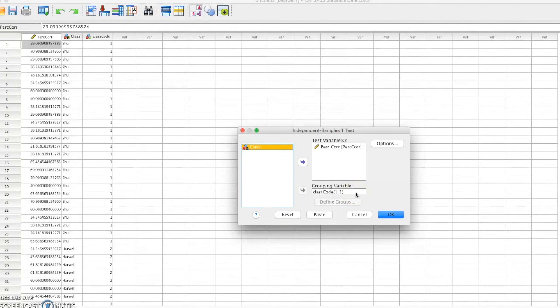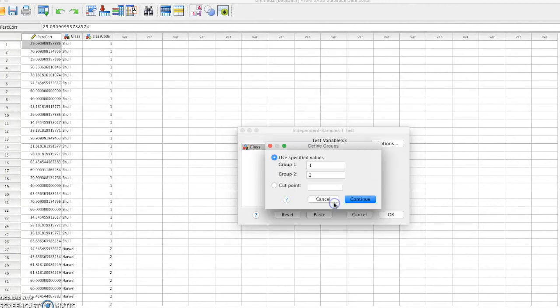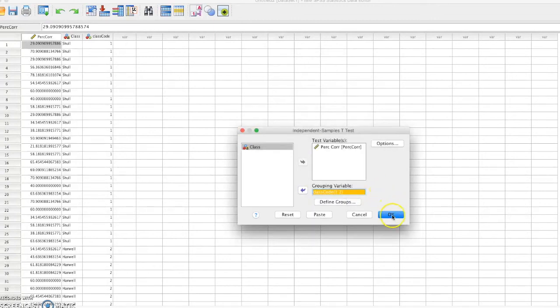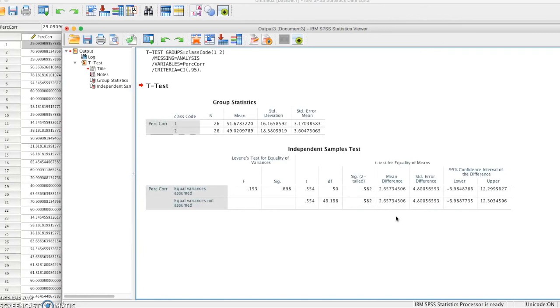So in my case, I've given all the students in my class the code of 1 and all the students in my colleague's class the code of 2. And you do have to define those groups. I've already done this, but you see how you have to put group 1 and give that group a number, and group 2 needs a number also before it'll let you continue. When you click OK, you'll get your output.